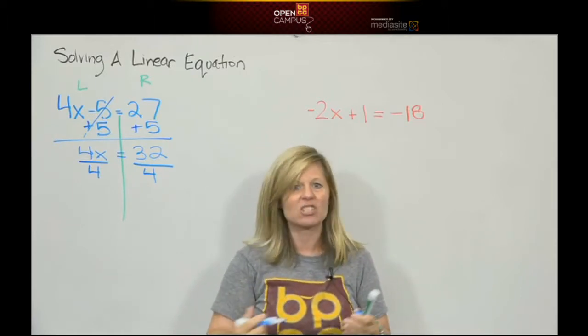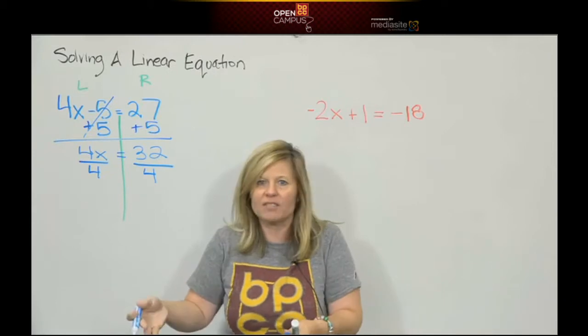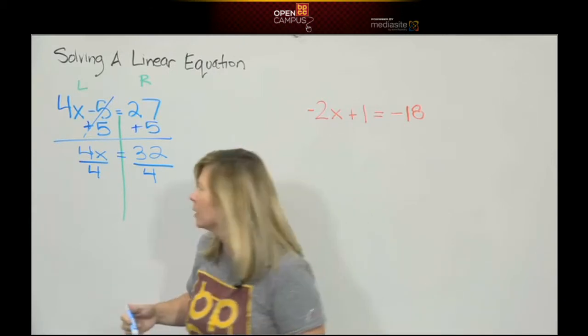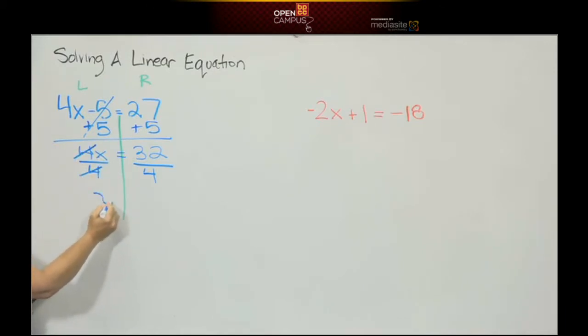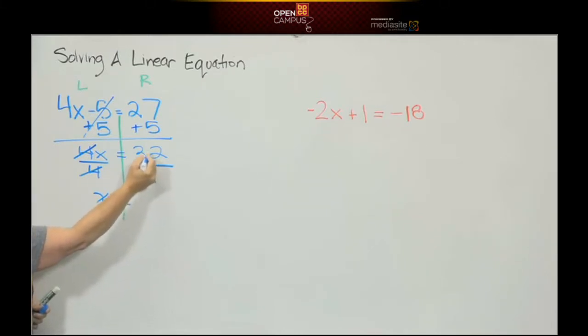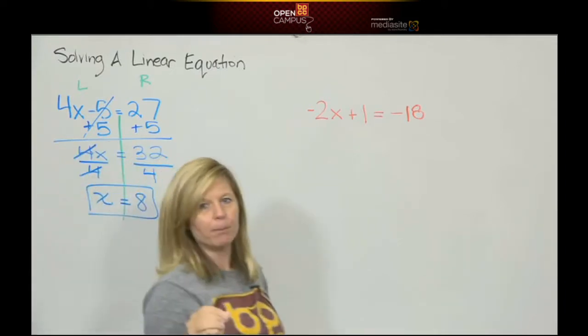By saying that, the signs are always different. The opposite of multiply is divide. Those signs are not different. When we divide, 4 divided by 4 makes 1, but we don't have to write 1x. We understand the coefficient is 1, so we just write x. And on the right side, 32 divided by 4 is 8. We have our variable isolated. We have our solution.